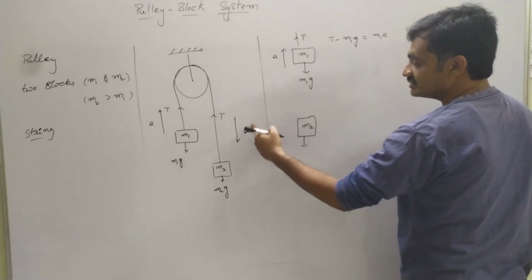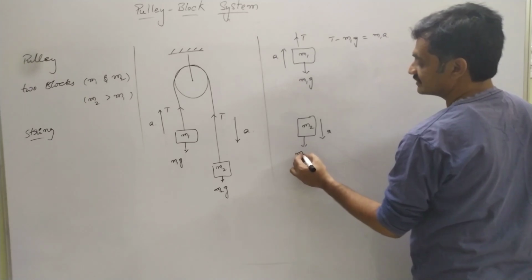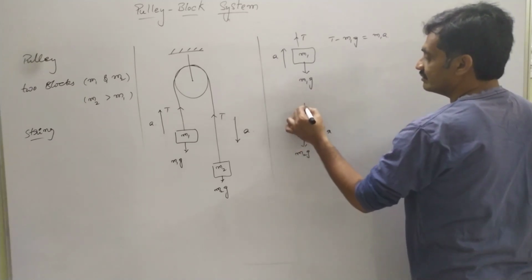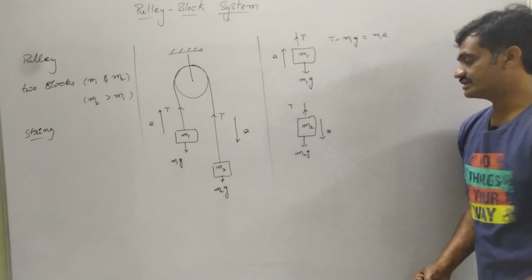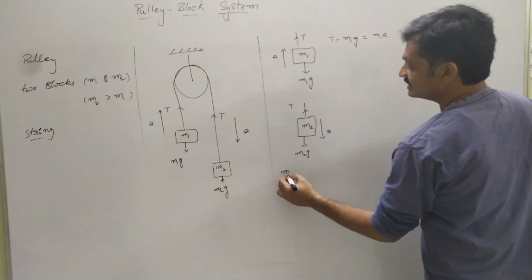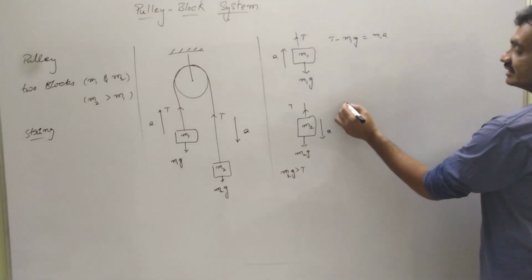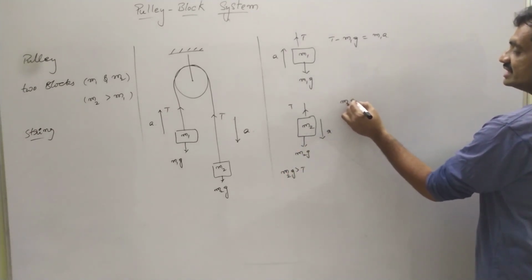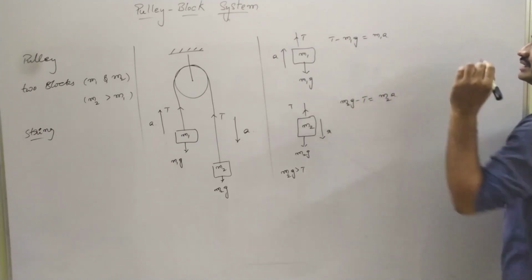Since the body is moving in the downward direction with the acceleration a, we consider that weight is greater than tension, m2g is greater than tension. So based on that we can represent it as m2g minus T is equal to m2 into a.